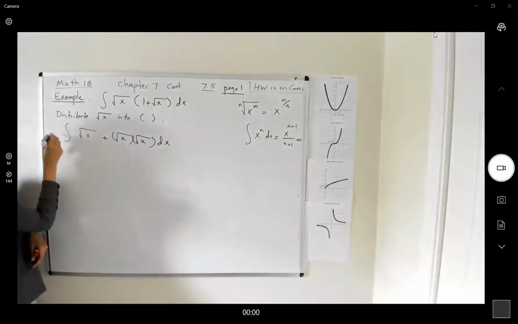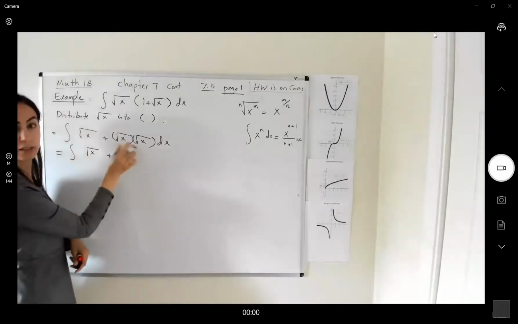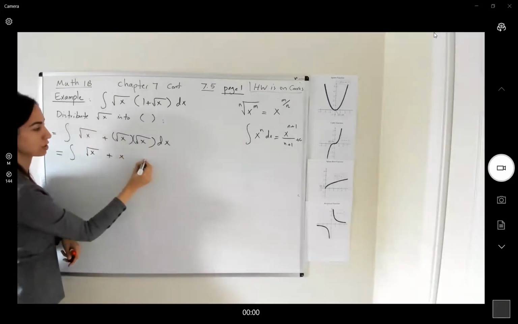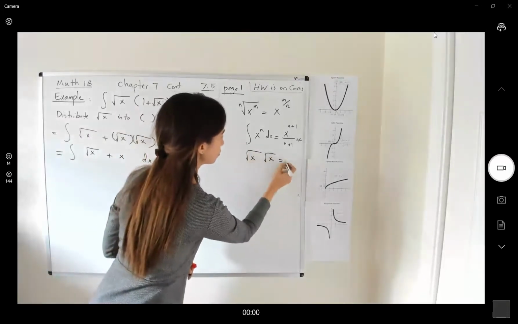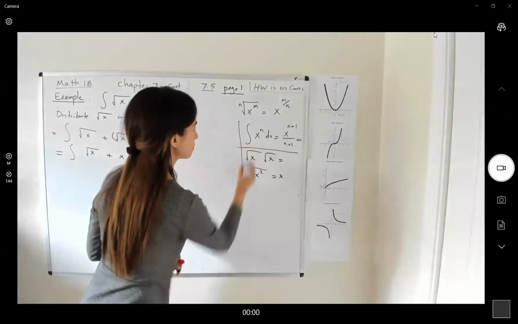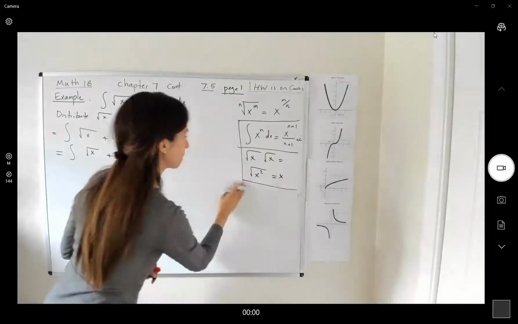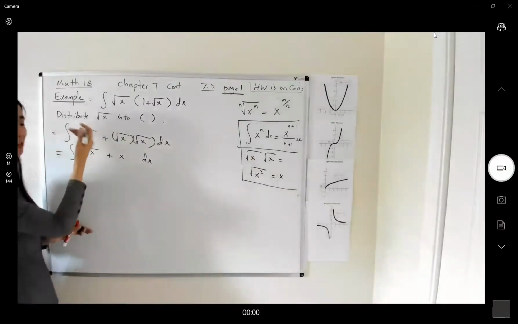Square root of x times square root of x is the square root of x squared, which is x. Square root of x is x to a half.